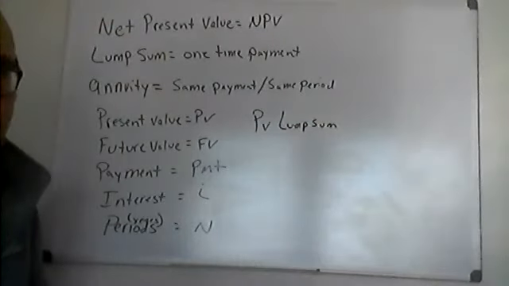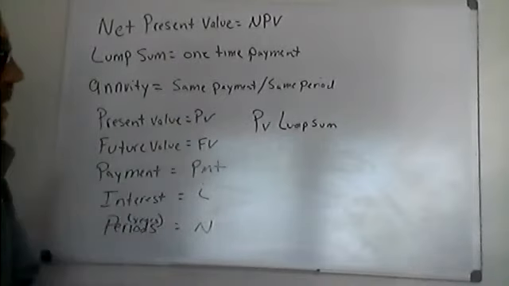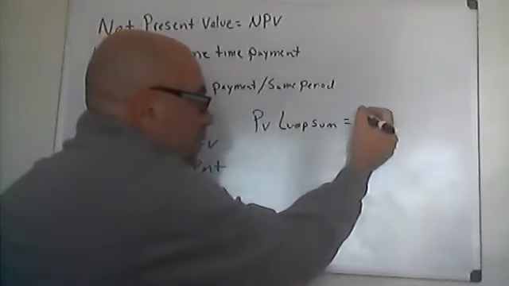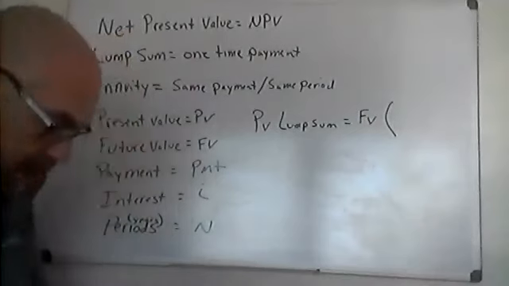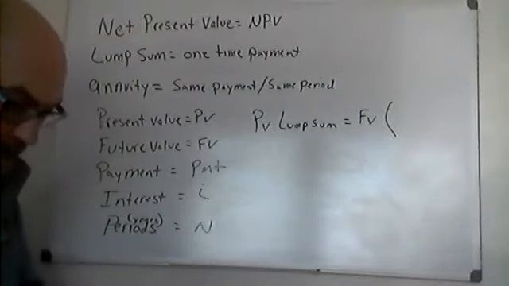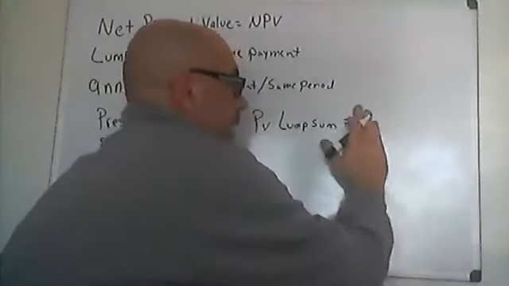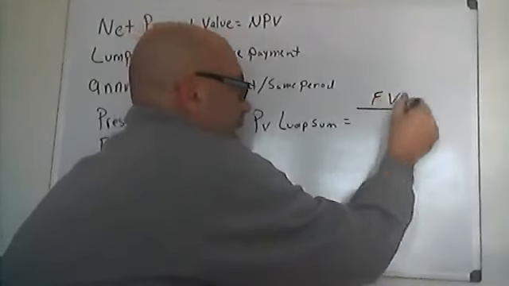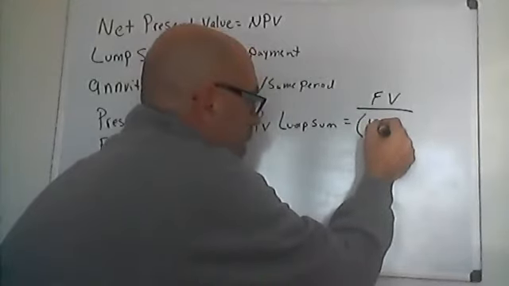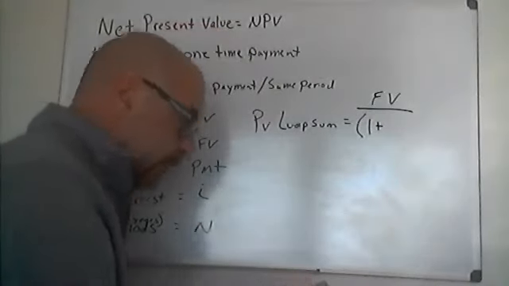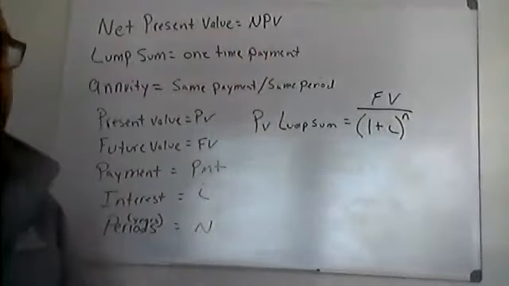To get the present value of a lump sum, a one-time payment, the present value of a lump sum equals the future value divided by this nice big formula here: 1 plus I, raised to the nth power.